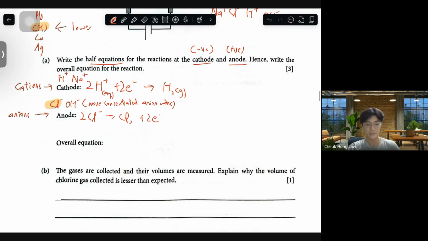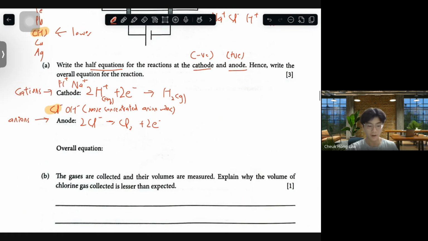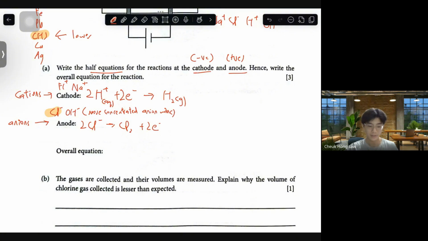And this is your half equation. So just a showcase of how I get to this half equation again. Chloride ions. What happens at the anode? Oxidation, right? Anode oxidation. Oxidation is the loss of electrons, so minus electrons to give me chlorine.